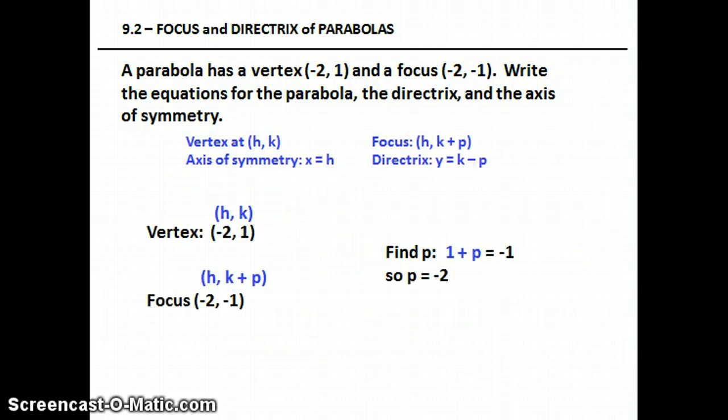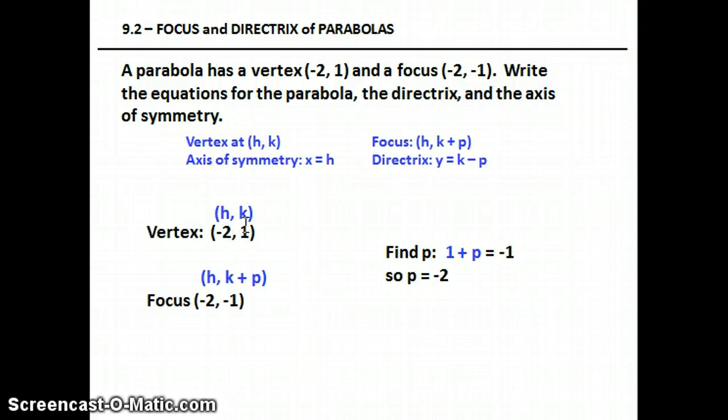Now, the other way that you can do that is to do this through straight equations. If the parabola has a vertex of -2, 1 and a focus of -2, -1, use all of these equations to find what you need. Very simple, very possible.